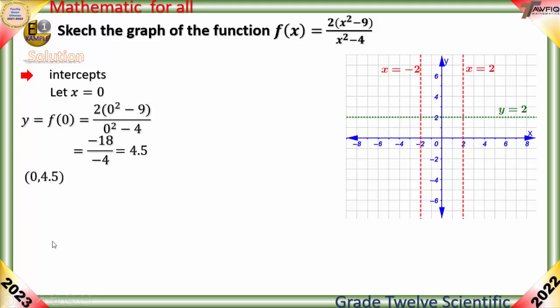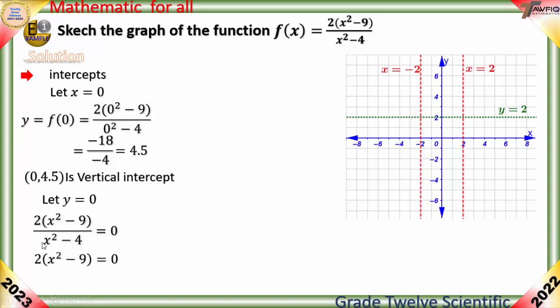That means (0, 4.5) is the y-intercept. And now let y be equal to 0, then 2x squared minus 9 over x squared minus 4 is equal to 0. Because this fraction is equal to 0, the numerator is equal to 0. So 2x squared minus 9 is equal to 0. By dividing by 2, then x squared minus 9 is equal to 0.